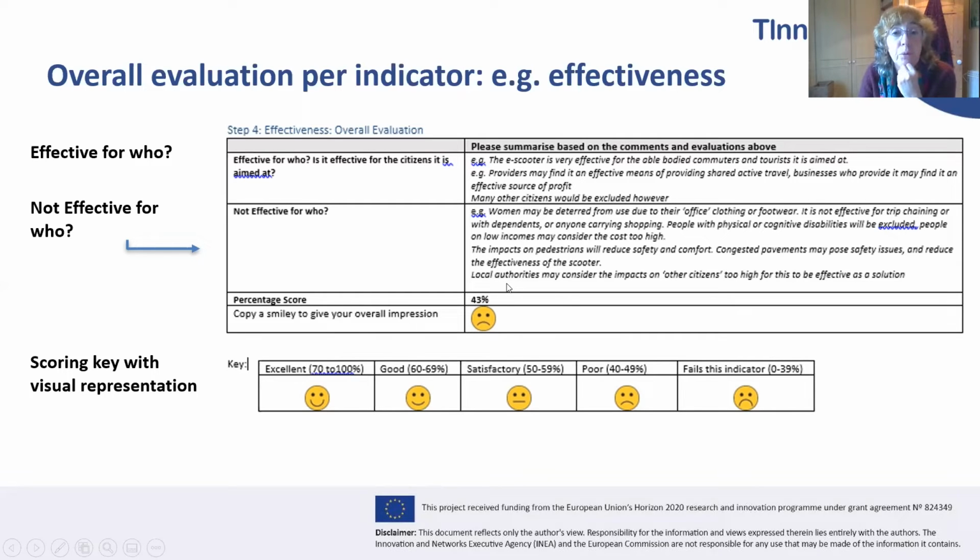So for example, for the e-scooter, we find that although it's very effective for the able-bodied commuters and tourists, it perhaps impacts on pedestrians, and it may not be very effective for female use. They may not want to use it for all sorts of reasons. People with physical and cognitive disabilities will also be excluded. So again, we carry forward that percentage score and give our overall impression.